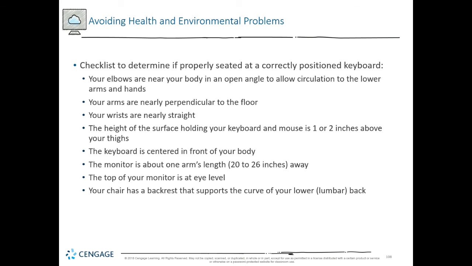Avoiding health and environmental problems. Checklist to determine if you are properly seated or the keyboard is correctly positioned: Your elbows are near your body in an open angle to allow circulation to lower arms and hands. Your arms are nearly perpendicular to the floor. Your wrists are nearly straight.